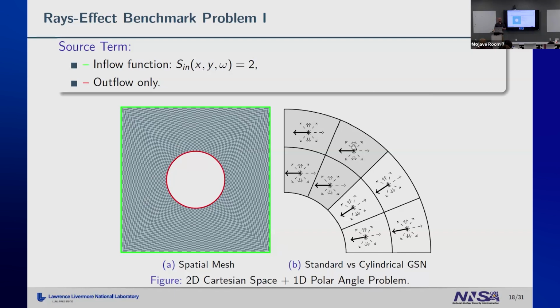In terms of momentum, we're going to compare a standard polar coordinate system, where we don't change at each point of space the orientation of the polar coordinate, with a cylindrical GSM, where the origin of the polar system is always pointing at the center of the mesh, right? That's because the solution that we expect for this is cylindrically symmetric, right? So that's the intuition there.